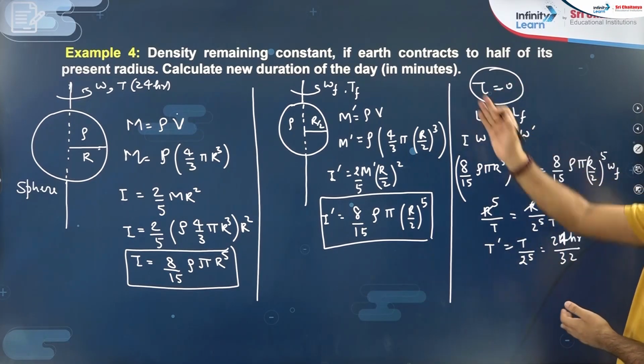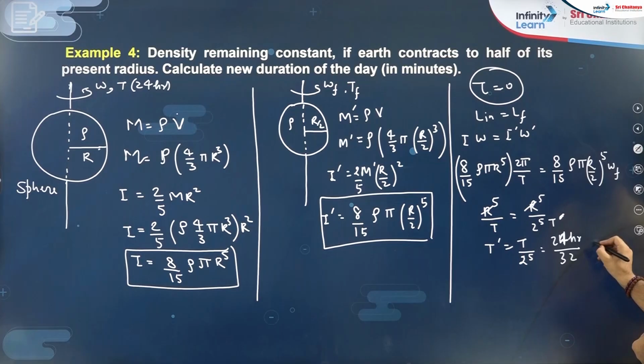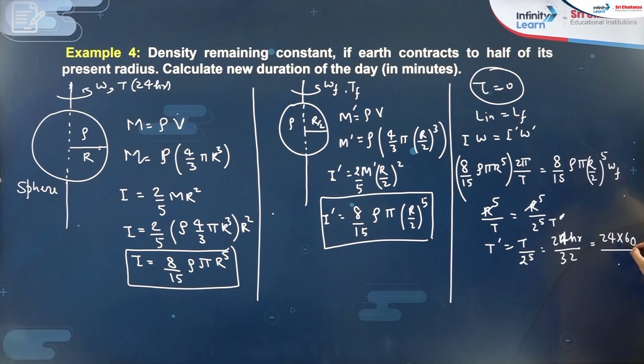If you want to write in terms of minutes, you can directly say 24 into 60, because an hour means 60 minutes, multiplied and divided by 32. If you solve it, from 8 this would be 4, from 8 this would be 3, and from 4, if you divide the 60, that would be 15.